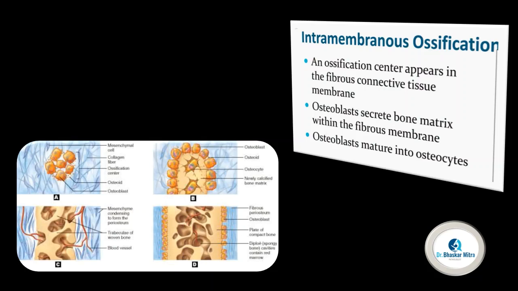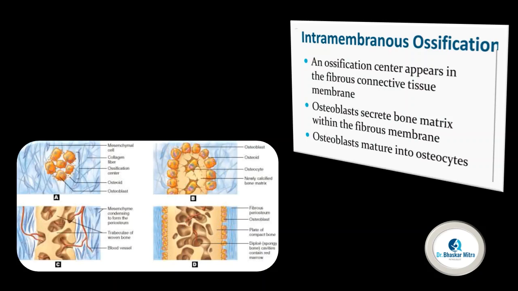The intramembranous ossification starts in a mesenchymal layer. In between there is a group of mesenchymal progenitor cells which start forming osteoblasts. These osteoblasts gradually secrete different types of bone matrix material within this fibrous membrane, and gradually the osteoblasts mature into osteocytes and form the different trabeculae inside this area.